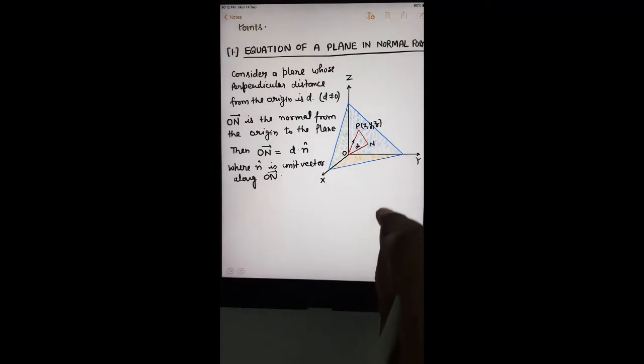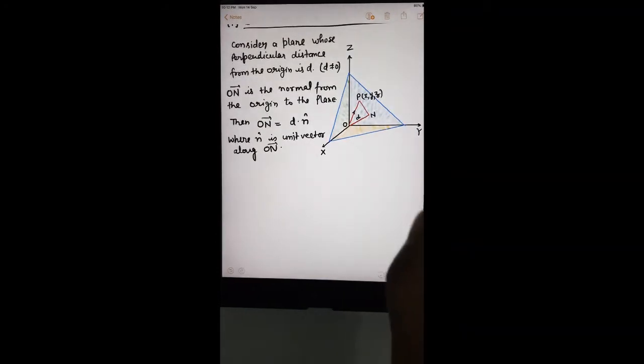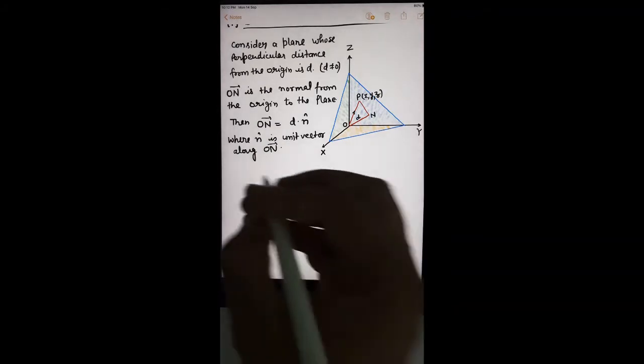Now you can see here, if we join P and N, then NP lies in the plane and ON is perpendicular to the plane. So NP and ON both are perpendicular.